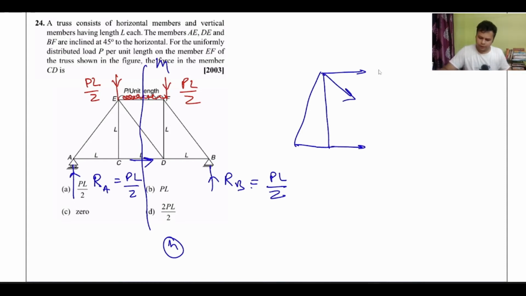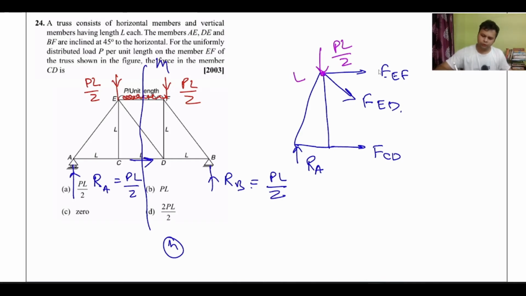So this is force CD, this is the reaction at point A, this is force EF, this force ED, and there is a load here, PL by 2.